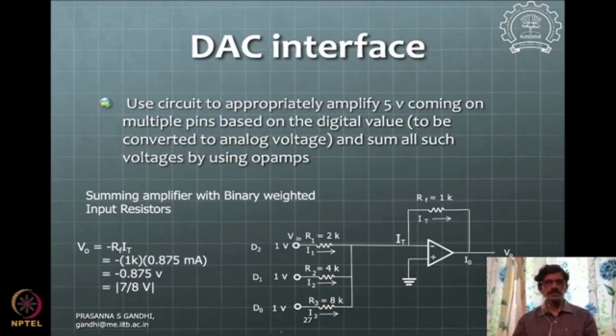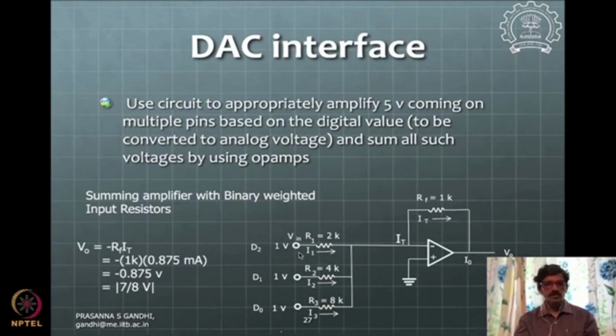Typically this interface would work very simply. You can have this circuit, which is some kind of op-amp with these dividing resistors. Those provide this current here, and then this current is amplified, and you produce this analog voltage output.